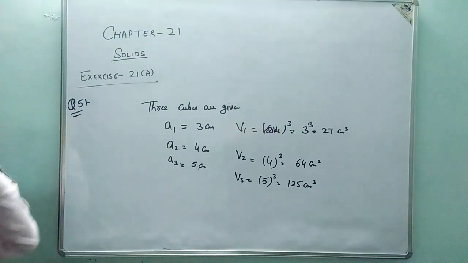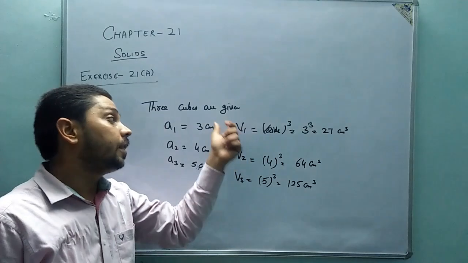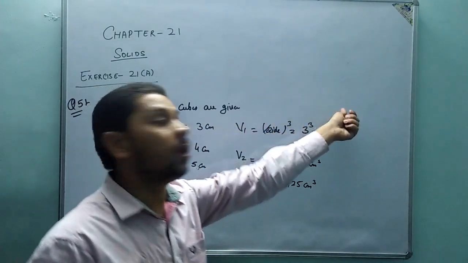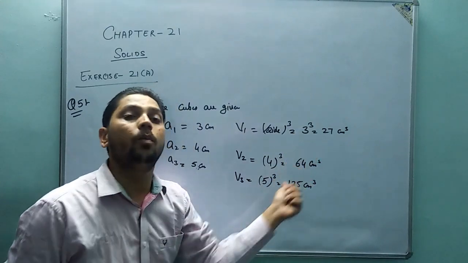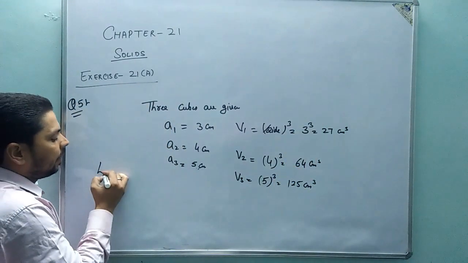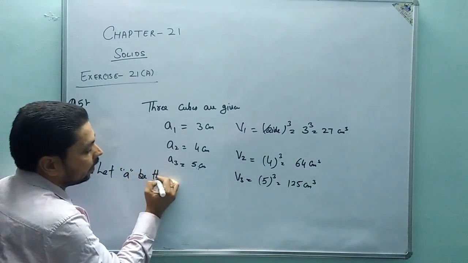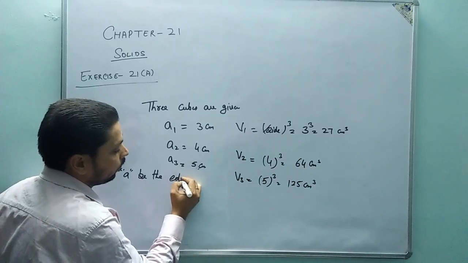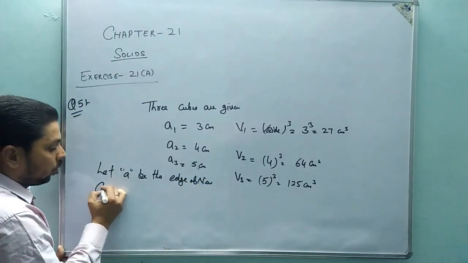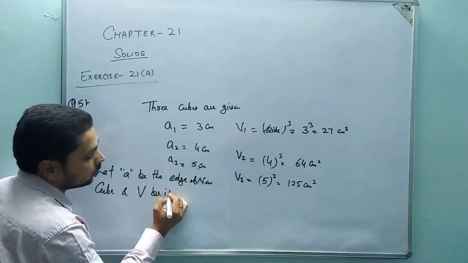Since it is melted and formed into a new cube, the new cube must have volume equal to the sum of the volumes of all these cubes. So let A be the edge of the new cube and capital V be its volume.